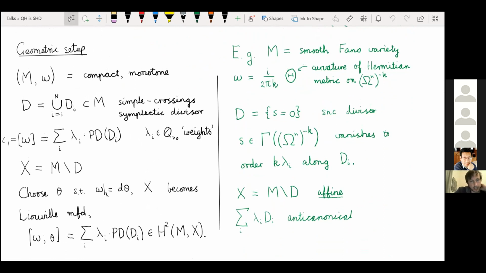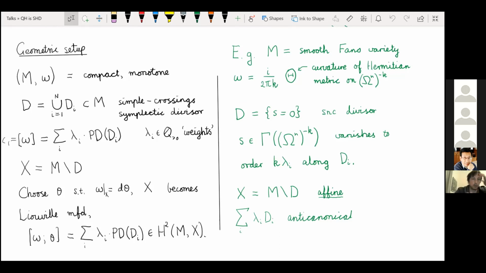D is going to be what's called a simple crossing symplectic divisor in M, which, roughly, the components Di should be real codimension 2 submanifolds of M. They should be symplectic submanifolds, and there is also some compatibility of orientations condition along their transverse intersections.